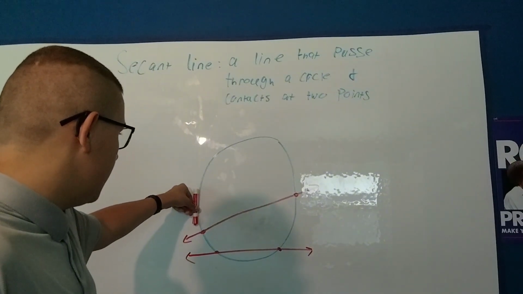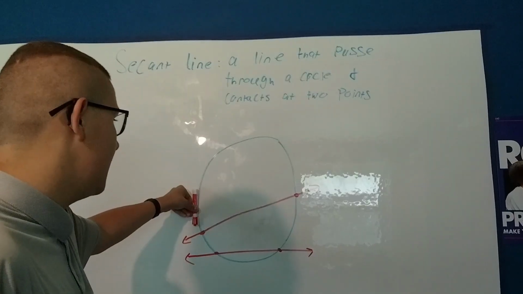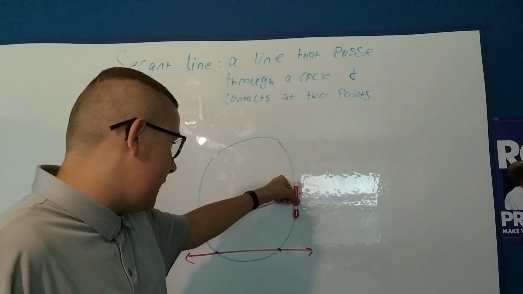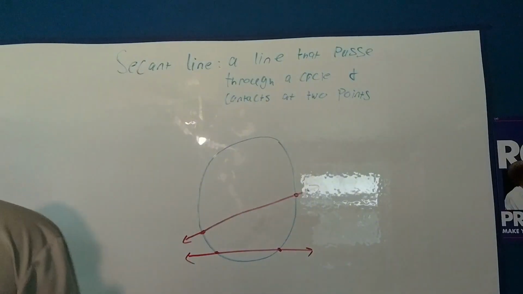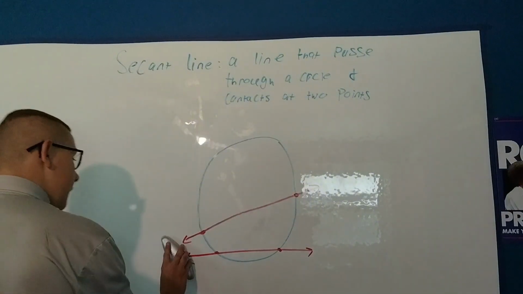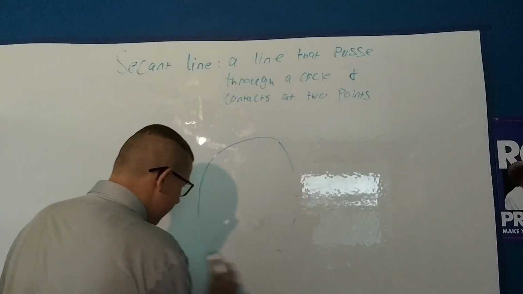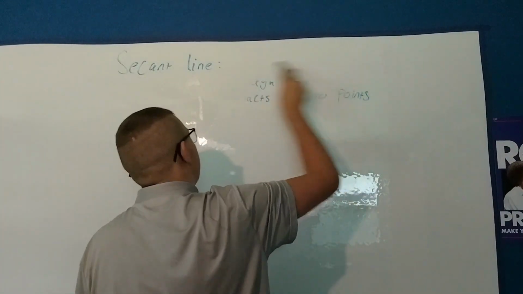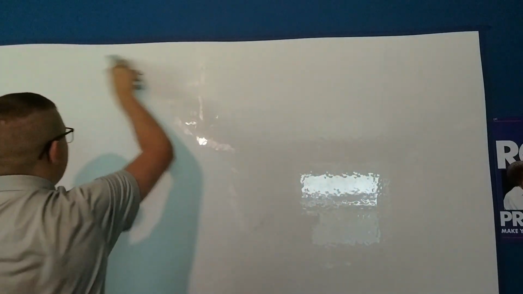And then with that, you'll go off to the next into central angles and inscribed angles of a circle.